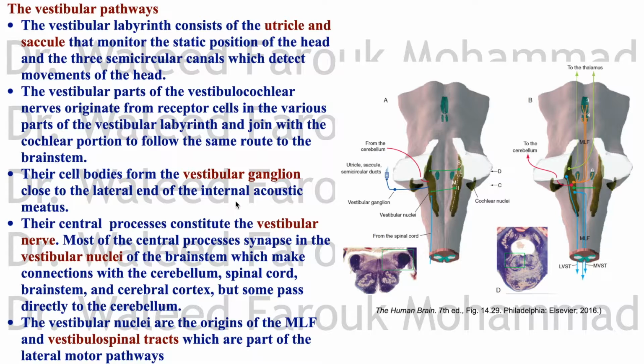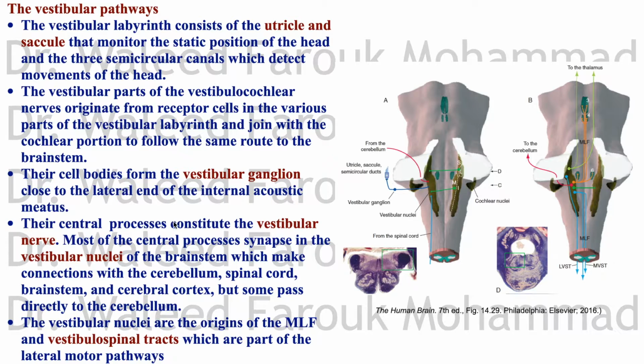Now, the vestibular pathways. The vestibular labyrinth consists of the utricle and saccule, that monitor the static position of the head, and the three semicircular canals which detect movements or kinetic position of the head.